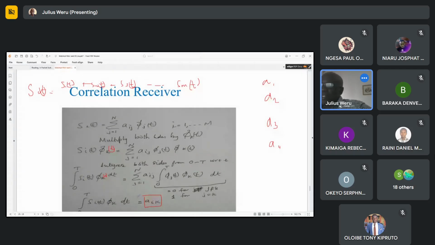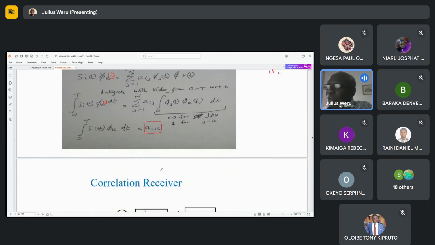So we are saying we are able to recover, for example, a_1k. We are able to recover each of these at the receiver by simply multiplying this with s_i(t), the symbol representing it, and then integrating over t.